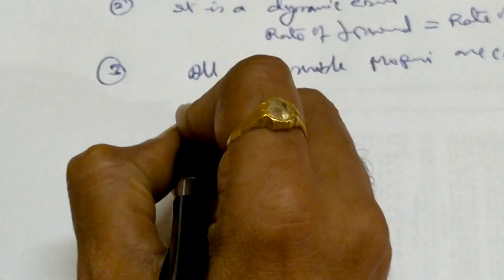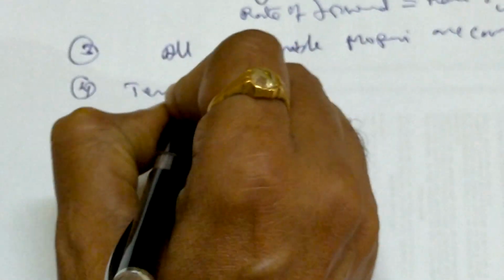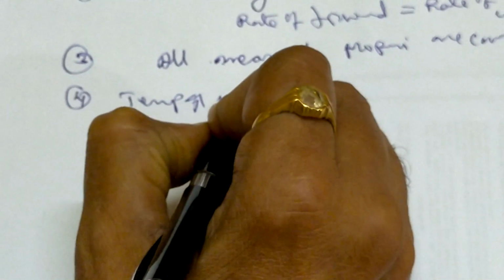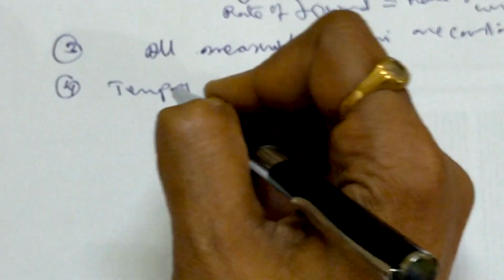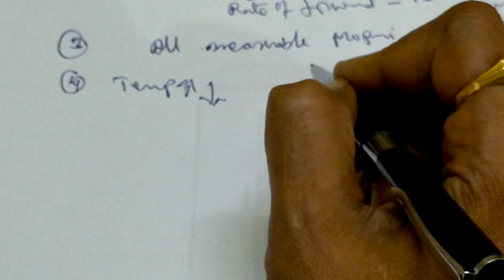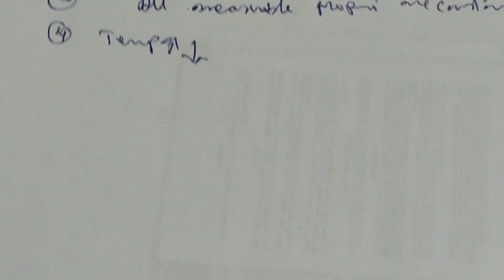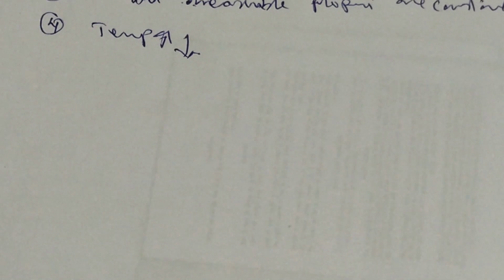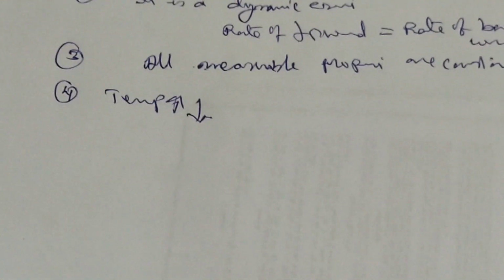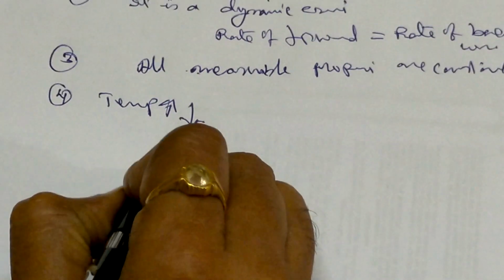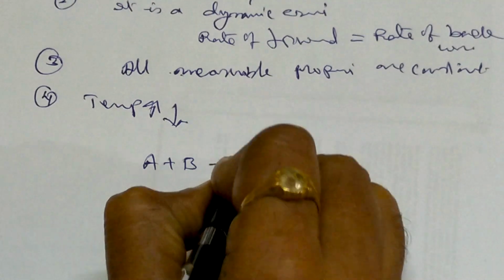If you change any parameter like temperature, increasing or decreasing it, either the rate of the forward reaction or the backward reaction will change, and it again attains one more new equilibrium. This is mostly used for chemical equilibrium. Suppose A and B are the reactants, how do we represent it?